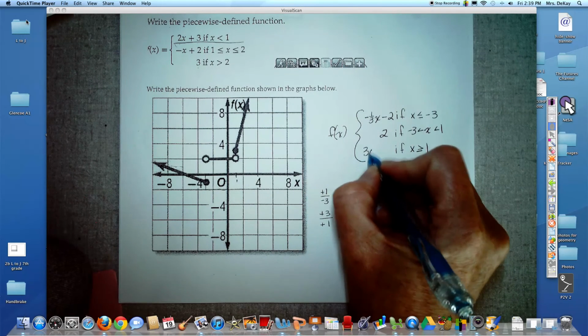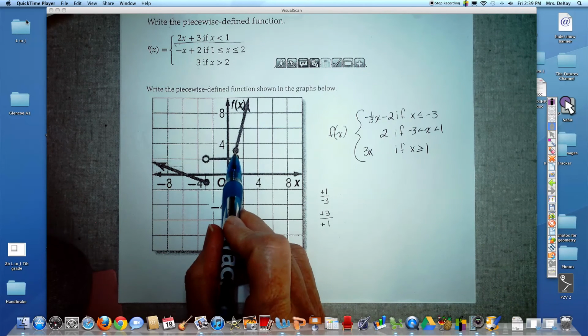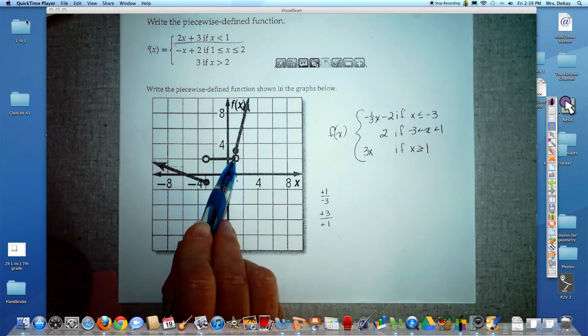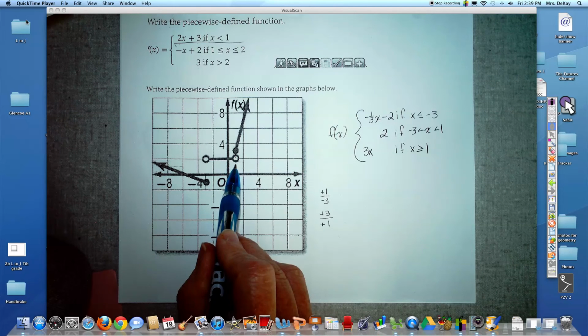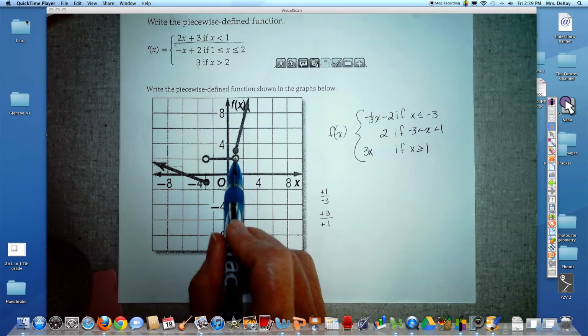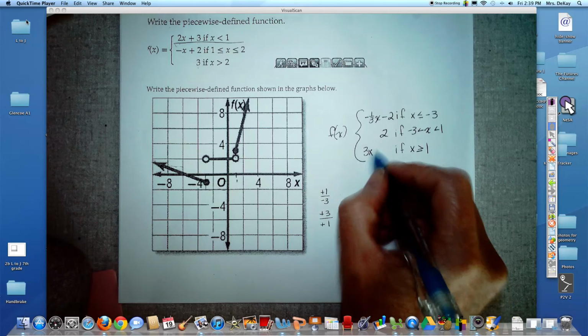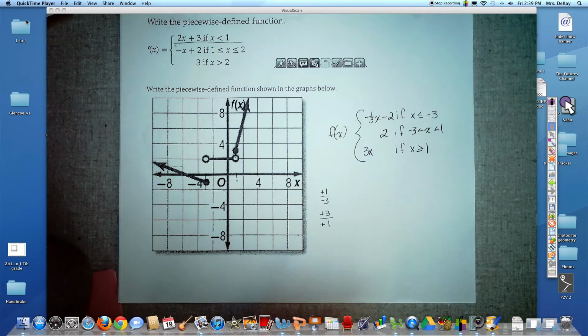Yeah, 3x. I don't know where it touches the x-axis yet, but if I went down 3, it'd be 1, 0, so it's kind of stupid for me to write plus 0 there, so I just write 3x. Awesome.